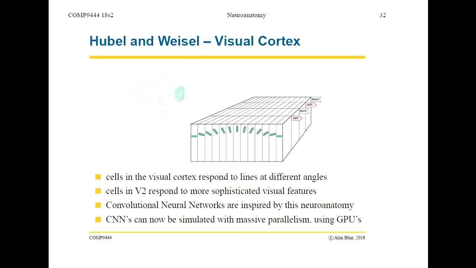But actually, we now know that that's not really true. If after performing this experiment you put the cats into a normal environment, after some period of time they will be able to see the vertical lines. So the brain remains plastic later in life more than was thought at one stage. Maybe this is a bit off topic.